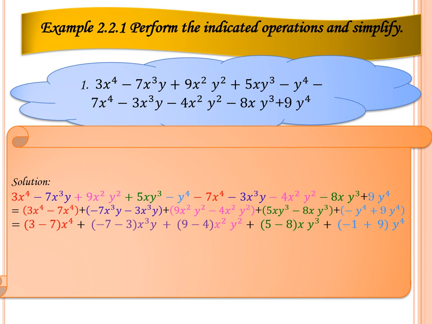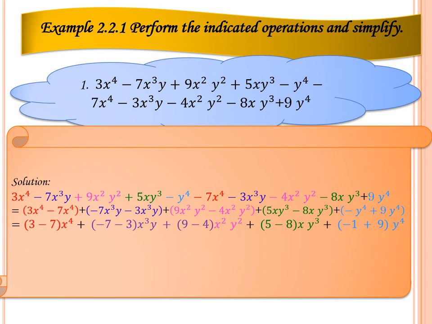Okay? So, 3x to the power of 4 minus 7x to the power of 4 can be expressed as 3 minus 7 quantity x to the power of 4. Plus, sa negative 7x cubed y minus 3x cubed y can be expressed also as negative 7 minus 3 x cubed y.